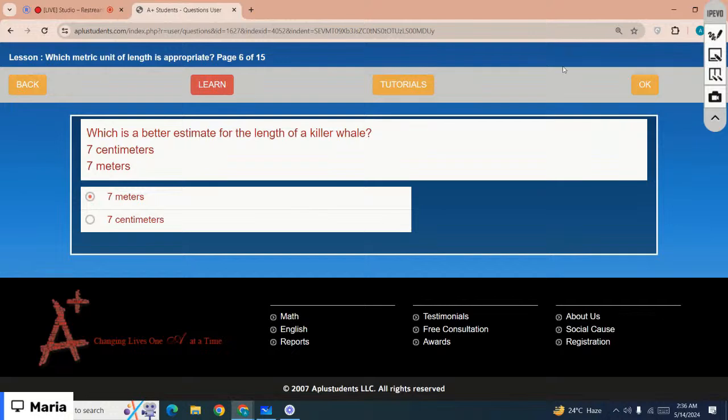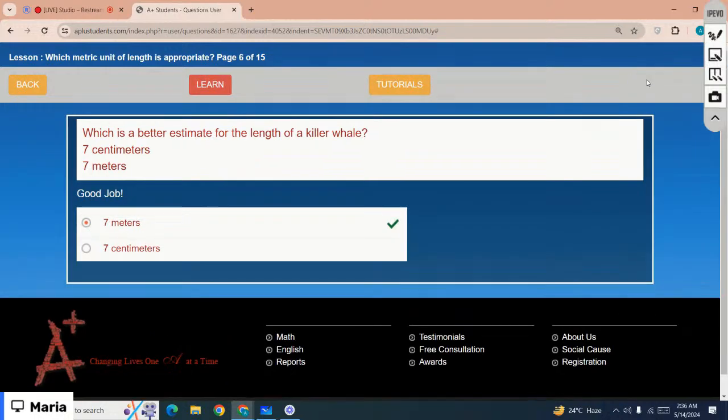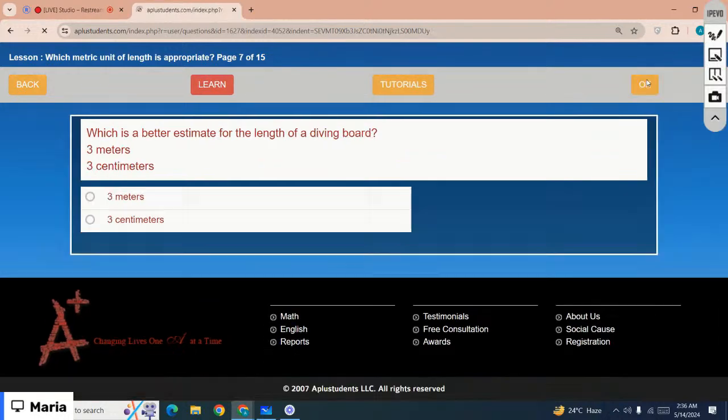That would be 7 meters, because a whale is the animal that has the longest length, right?